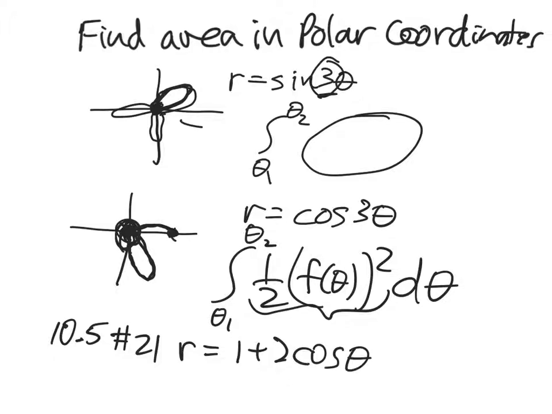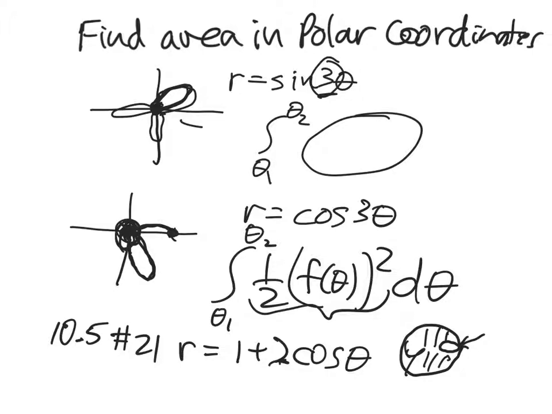Now, I don't know exactly how this graphs out, but something like this. Sometimes you'll see the graph like this. So it's a matter of, well, what is this area? Not all of it, but inside the big loop and outside the little loop, we're not counting that area right there.